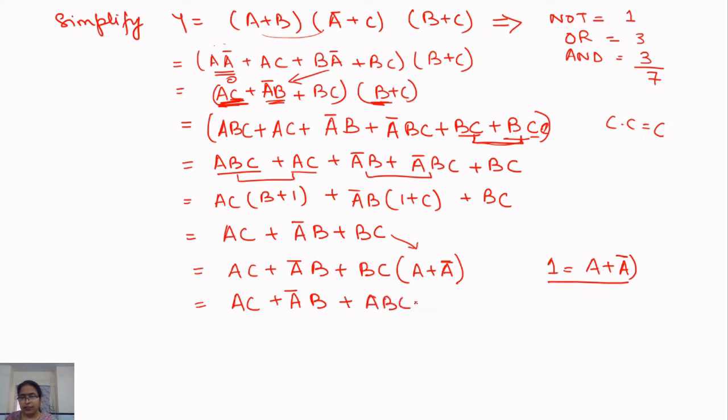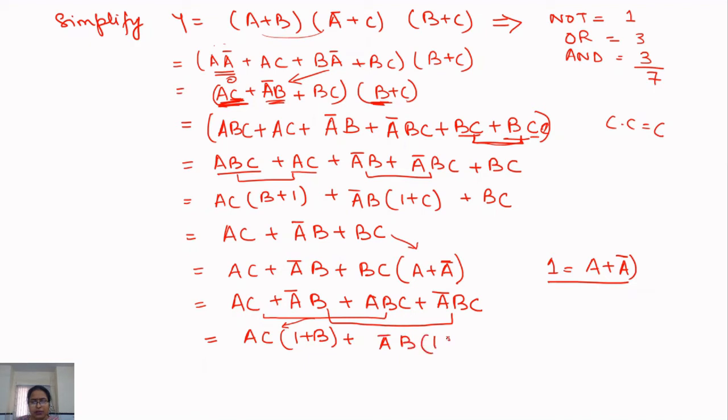So this is abc plus a bar bc, right? And taking these two, ac common, this is 1 plus b, and taking these two and writing it as a bar b common, it is 1 plus c, right?